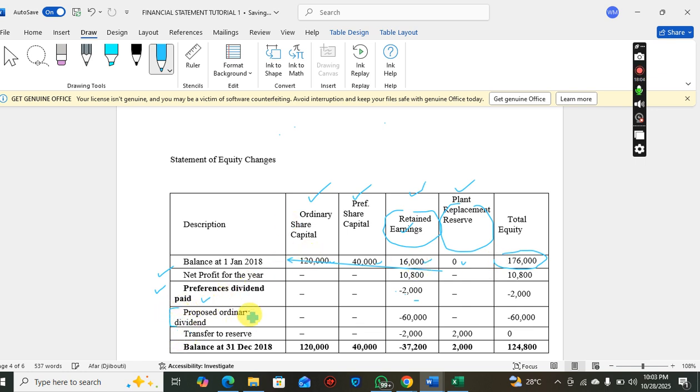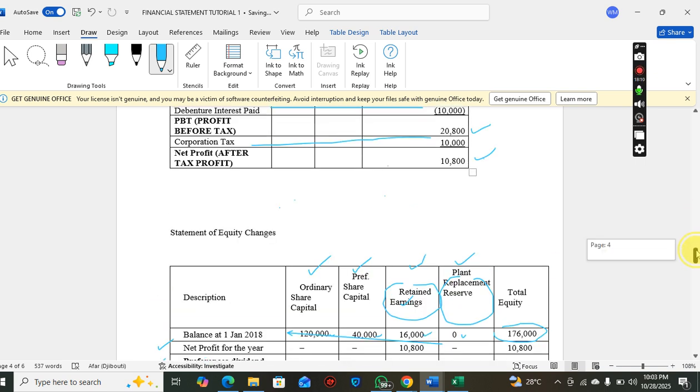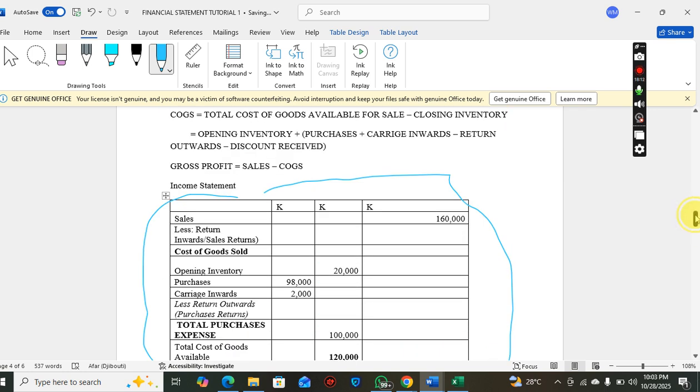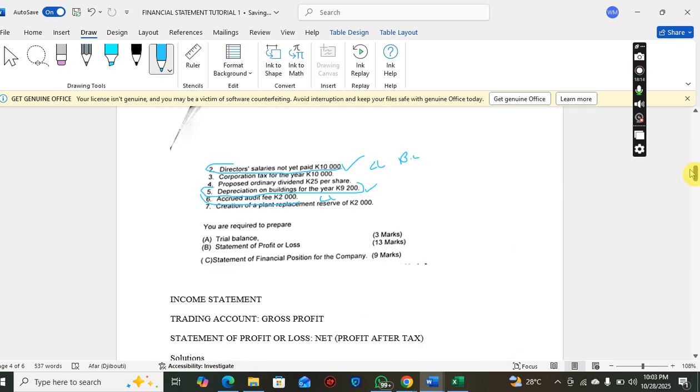Then we have this proposed ordinary dividend. They told us that the company is proposing to pay a proposed ordinary dividend of 25 kwacha per share.